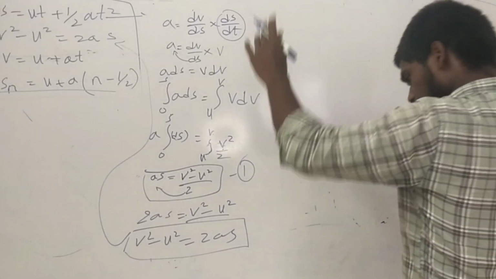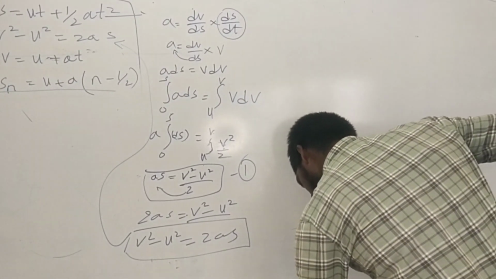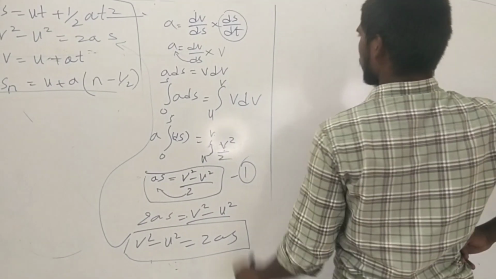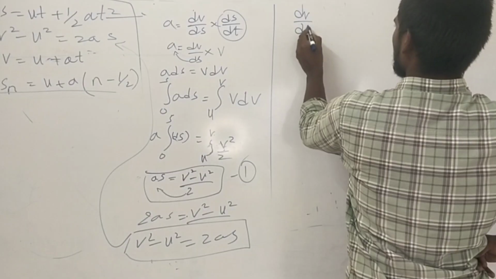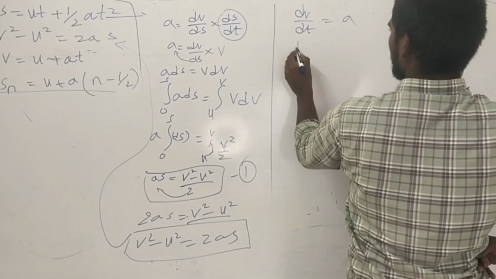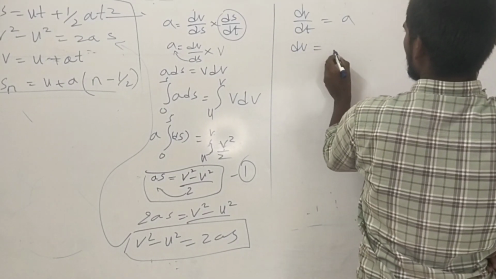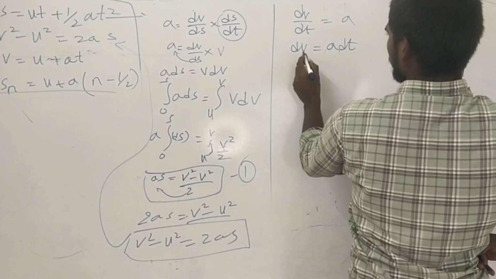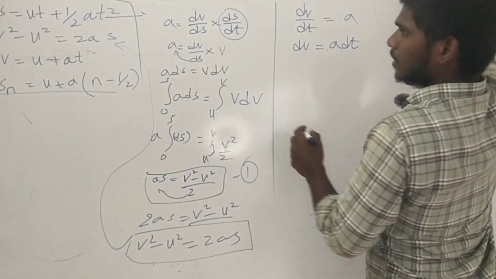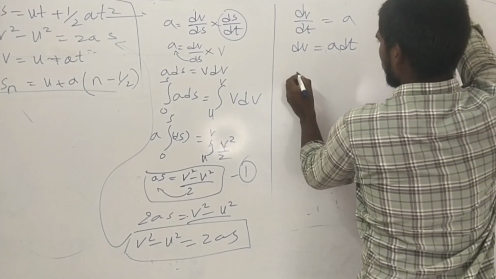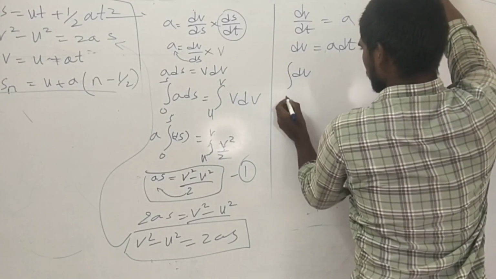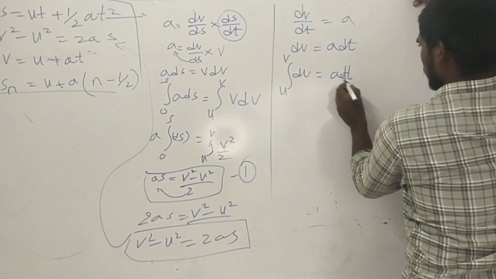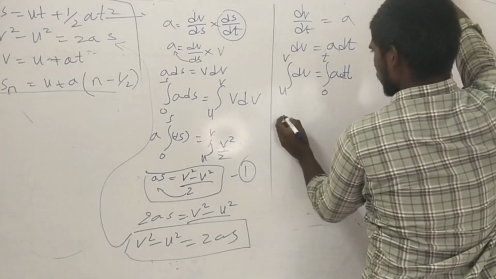The third formula I'm going to derive now. The third formula: dv by dt is equal to a, so dv is equal to a dt. If you apply limits here, dv from u to v is equal to a dt from 0 to t.